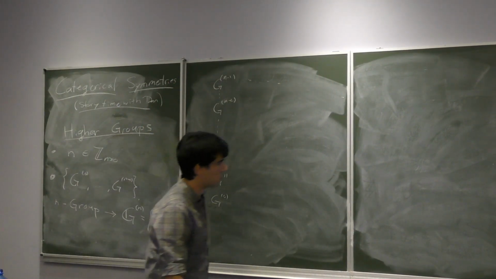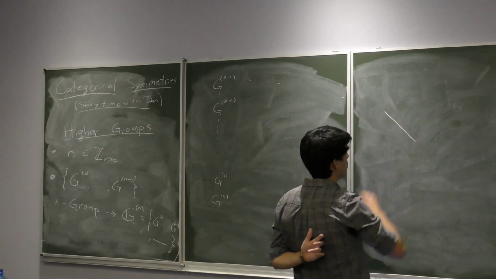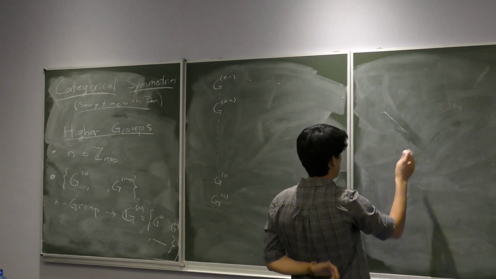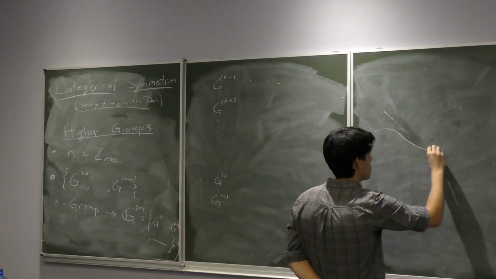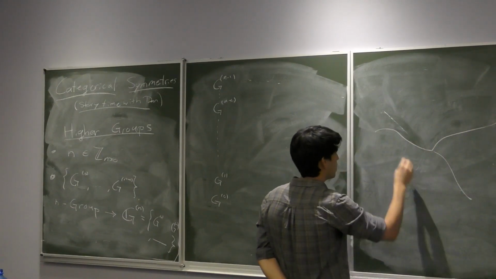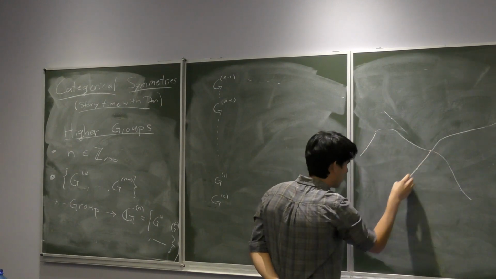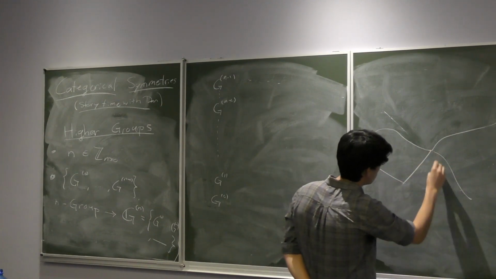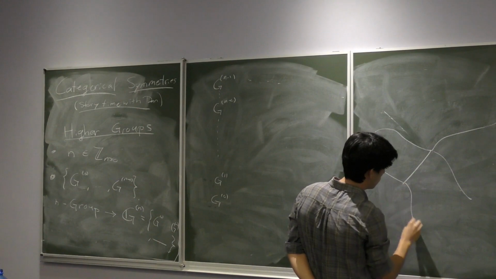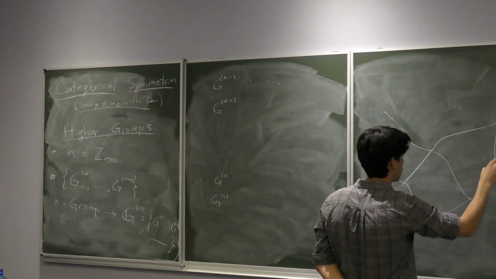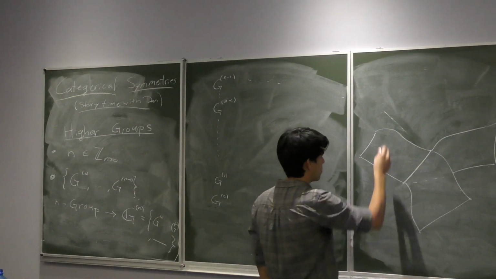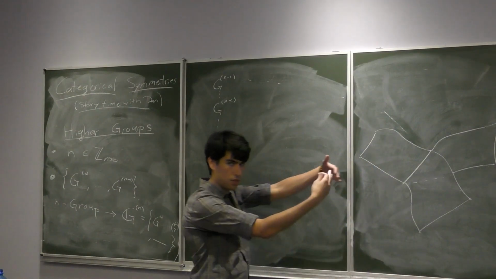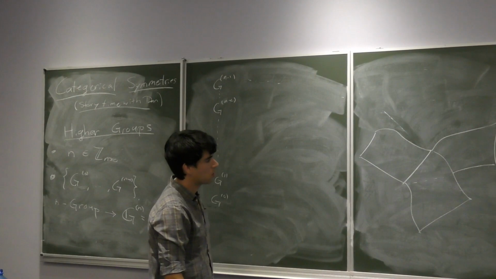So let me first draw a picture for you. So let's see if I can draw a nice picture. If you take three of these symmetry defect operators like this, you can intersect them at a junction like this.